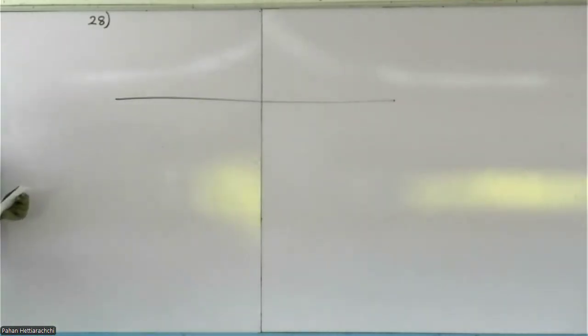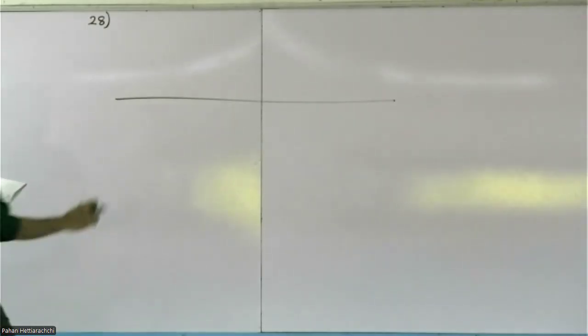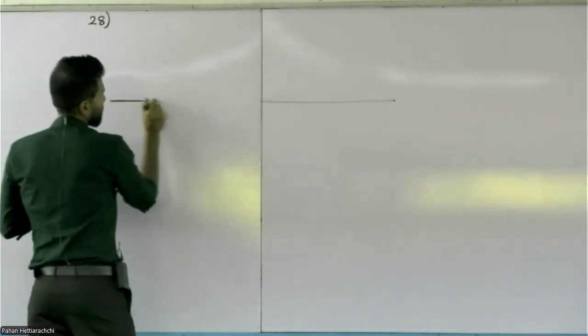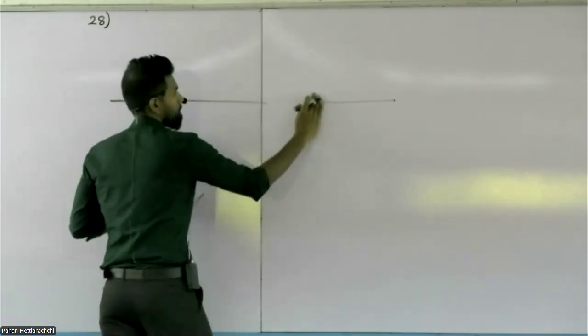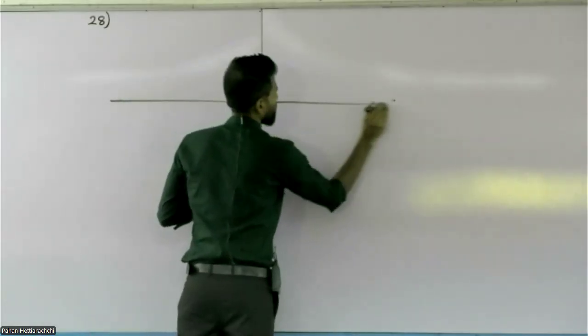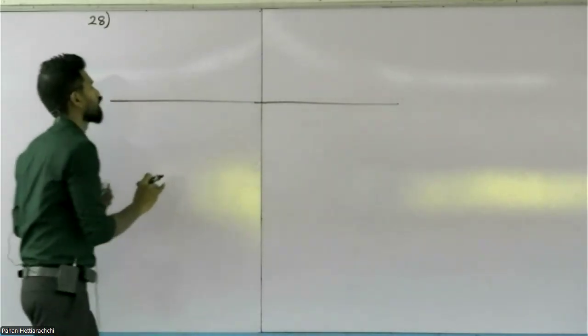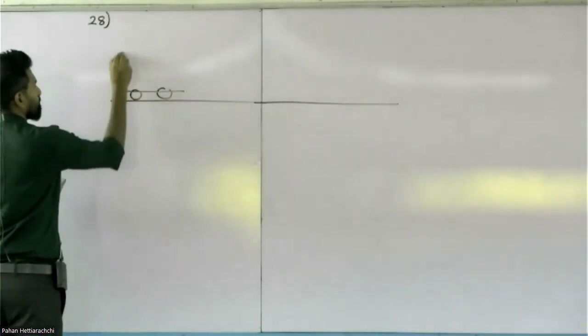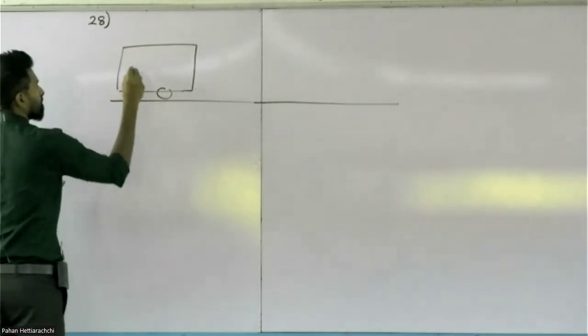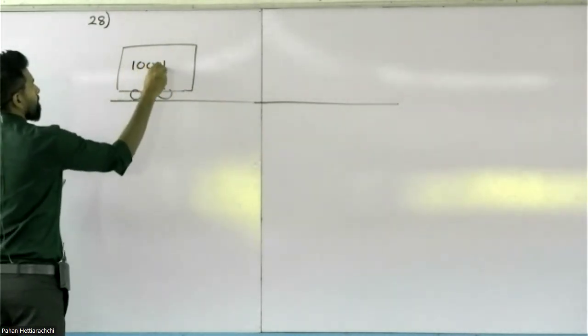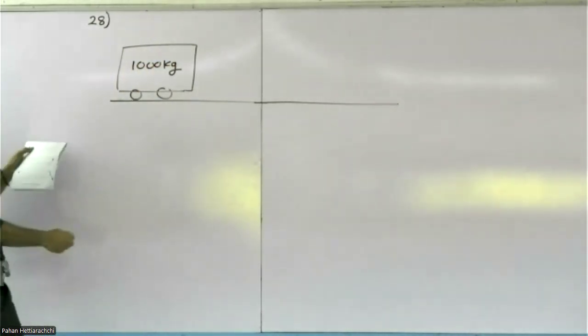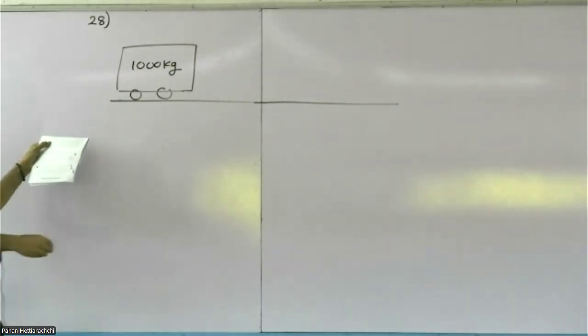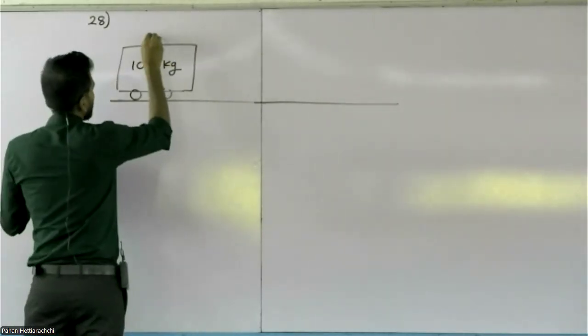Question number 28: a car of mass 1000 kg is moving at a velocity of 20 meters per second.